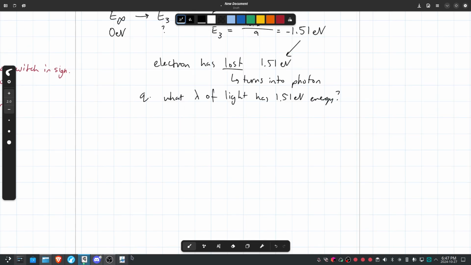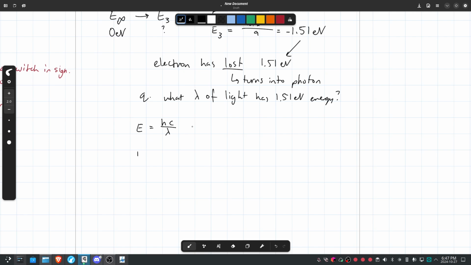And we can go back to the formula sheet. In this case, the energy is equal to Planck's constant times the speed of light, divided by lambda. And there you go, you can calculate that.